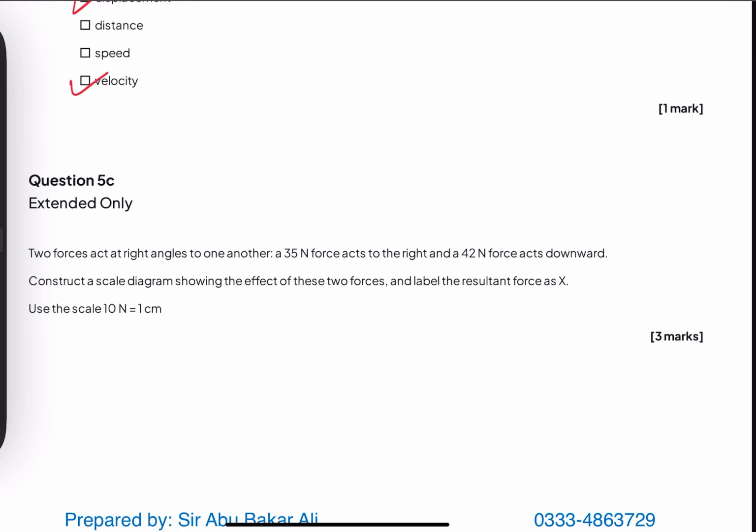5c, the forces act at right angles to one another. One force is 35 Newton and the other force is 42 Newton. So we have two forces and they are acting perpendicular. One is acting to the right and one is acting downward. We have to construct a scale diagram to show the effect of these two forces and label the resultant force x.